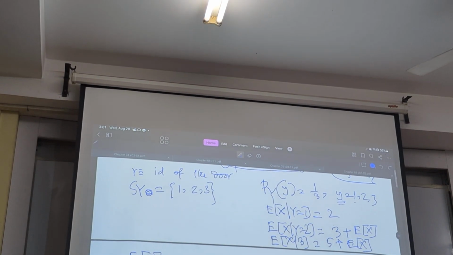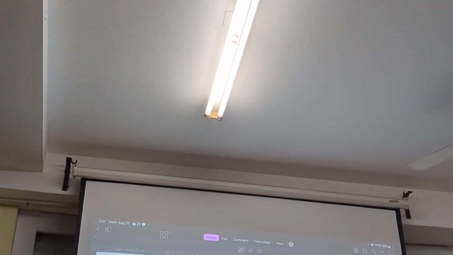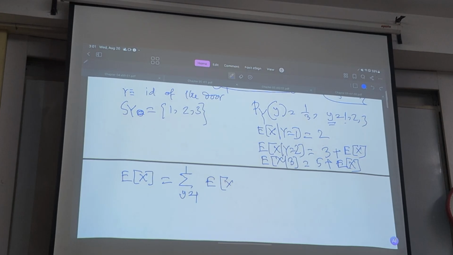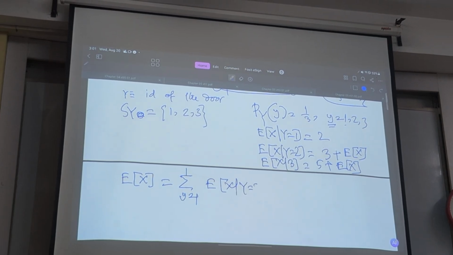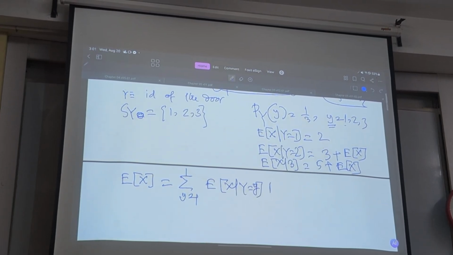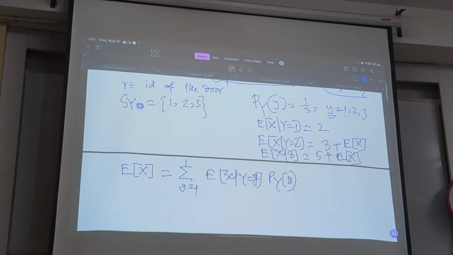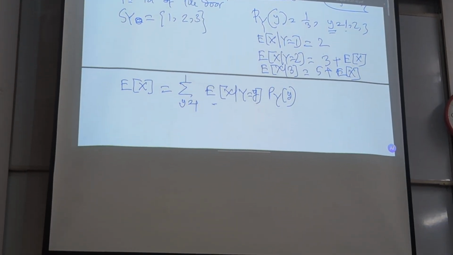The total expectation. For all values of Y, what we need to do? It should be multiplied with the PMF of Y. This is the law of total expectation.